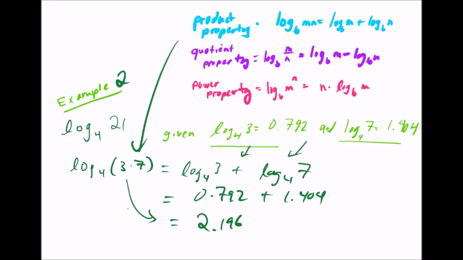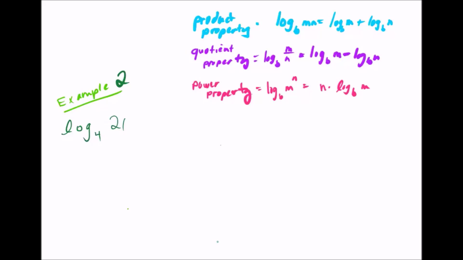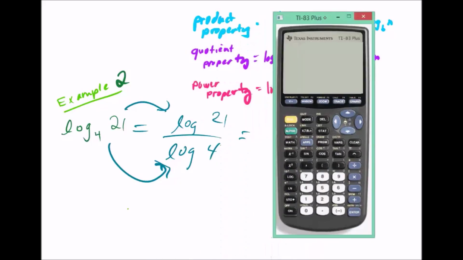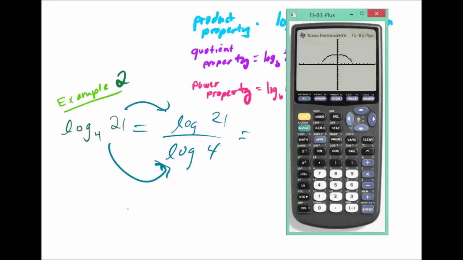Now, using your calculator, you can also find the answer. Two days ago, in 7.4, I talked about the change of base formula. If you want to evaluate this and they don't tell you what the numbers are equal to, you can say this is equal to log base 10 of 21 divided by log base 10 of 4. This number goes on the top, this number goes on the bottom. You have to use a calculator, but it's log base 10, so your calculator can do it.